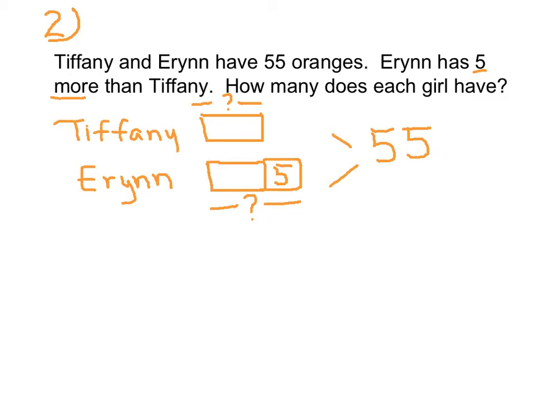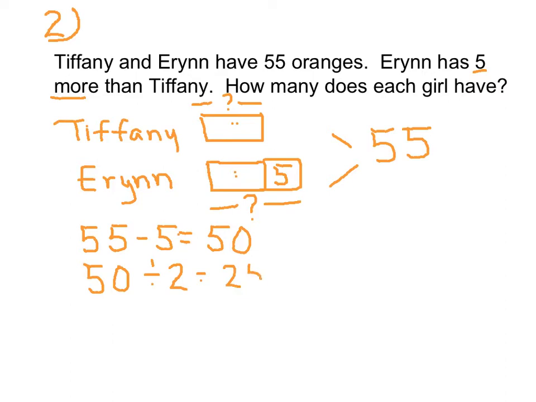So to find that, I'm going to take away that 5, so I end up with 2 equal boxes. So 55 minus 5 would give me 50. So there are 50 in these 2 equal boxes. So I split the 50 into the 2 equal parts, and that would put 25 in each part.